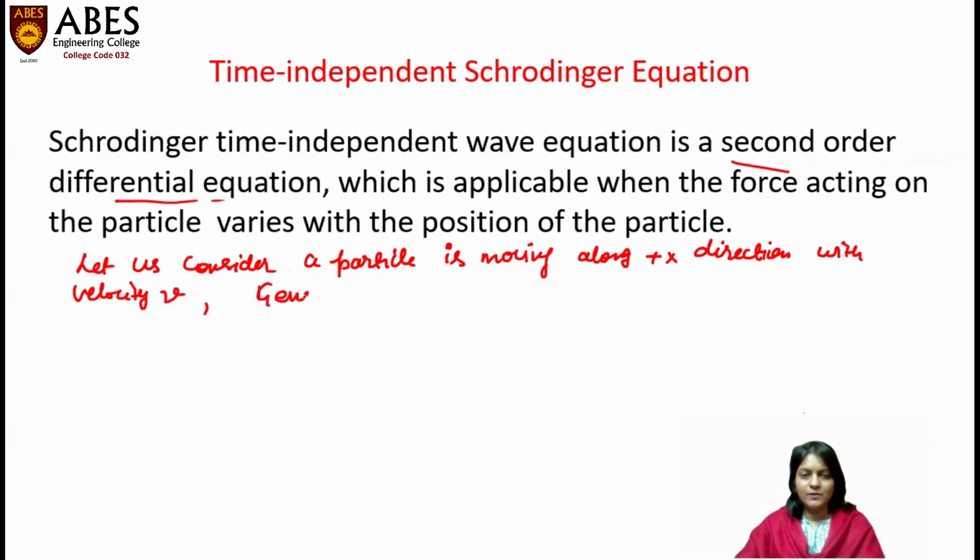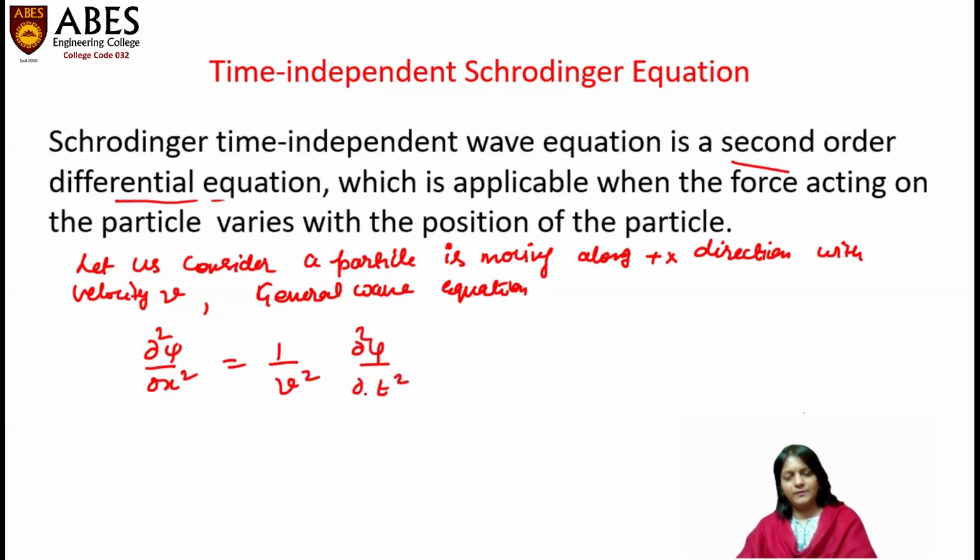The general wave equation for this is del 2 psi over del x square is equal to 1 upon v square del 2 psi over del t square.